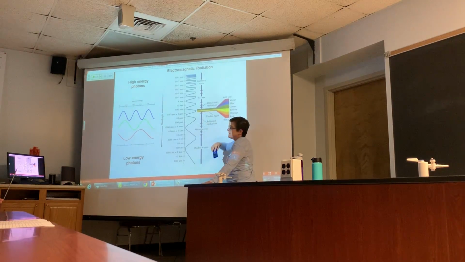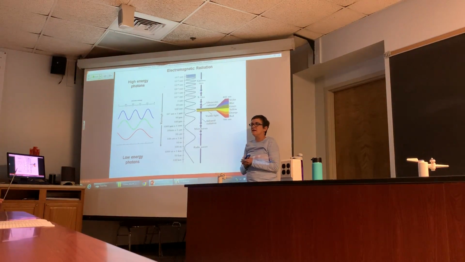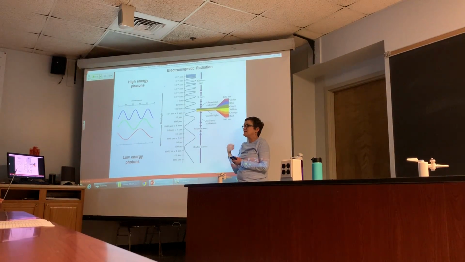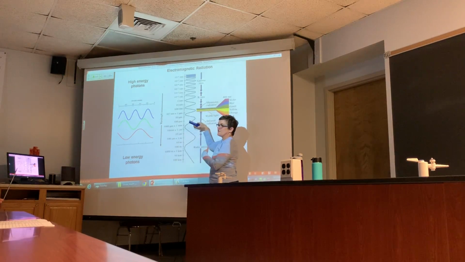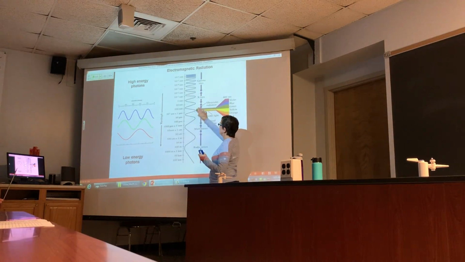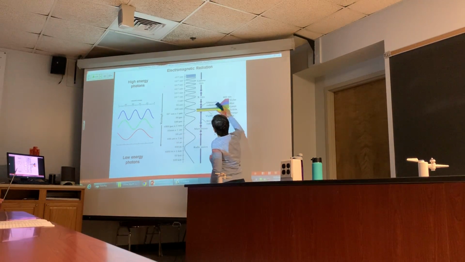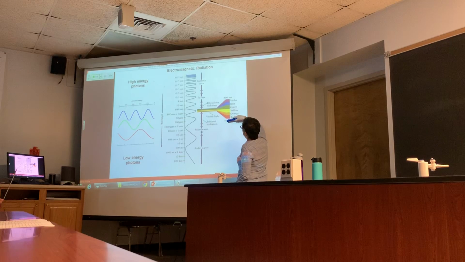It has enough energy to power photosynthesis for plants. It also has enough energy to activate our photoreceptors. So it's not too much energy, it's not too little, it's in the right Goldilocks conditions for activating photoreceptors.